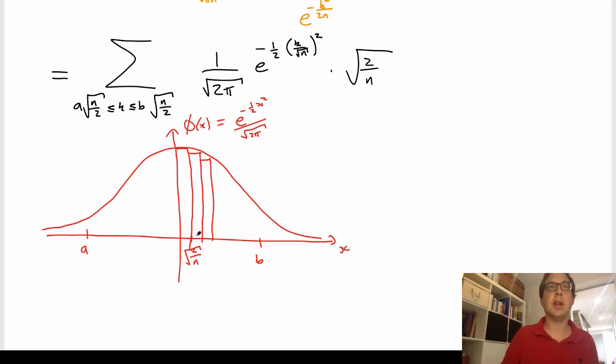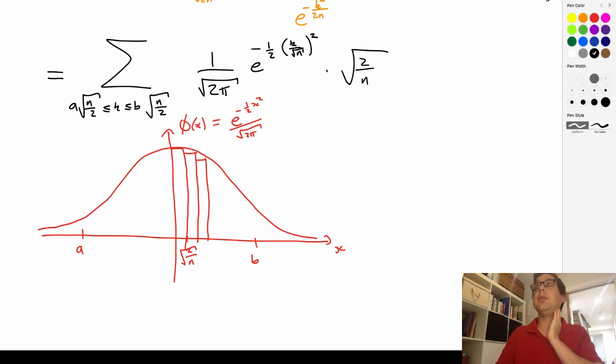That's the width of the rectangle, and that's the height of the rectangle at that value of k, where k is the kth rectangle. We're approximating the area by a bunch of rectangles. As we let those rectangles get smaller and smaller, this gets closer to calculating the area under this curve.